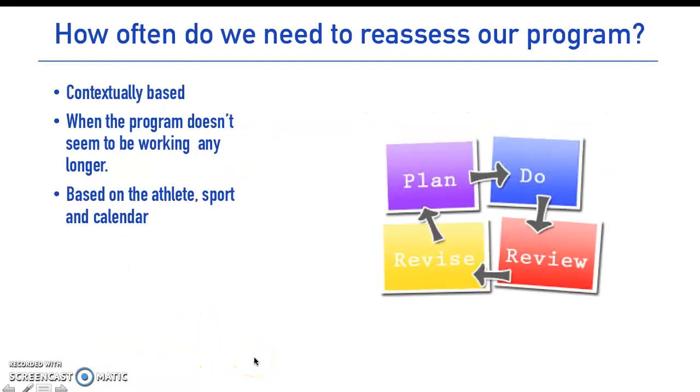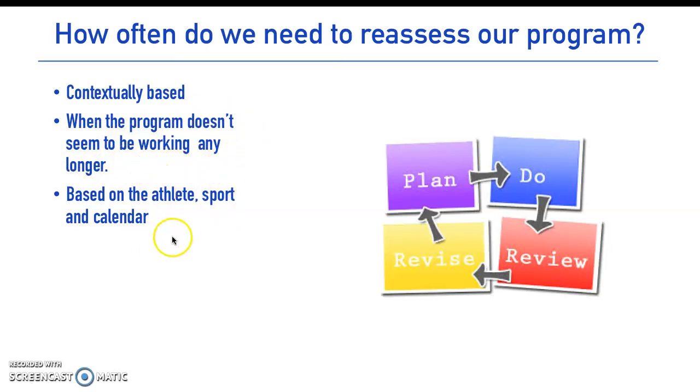Okay, so this week we're talking about how often do we need to reassess our program. So it's contextually based. Okay, contextually based means based around what's going on around you. So if, for example, a program is not working for an athlete, okay, so the program doesn't seem to be working for an athlete, then we need to reassess that.